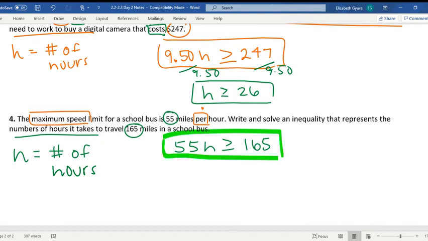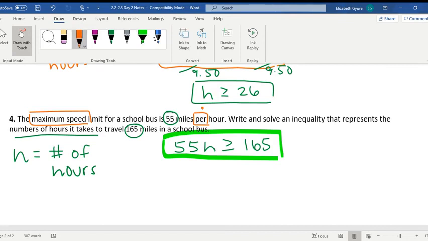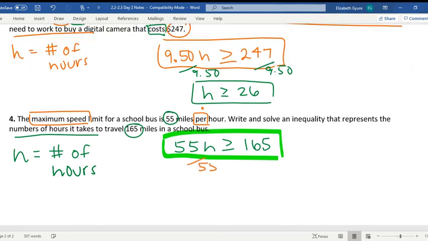Okay, so I know that's kind of tricky. All right, so then we're going to divide both sides by what? 55. Yep. And we get h is greater than or equal to 3. Think of it as like at least. You're going to take at least 3 hours to get there. Okay, but it could be more. So that's how this one goes.